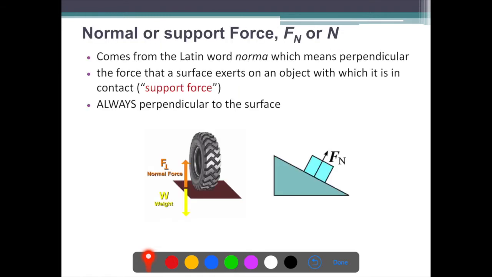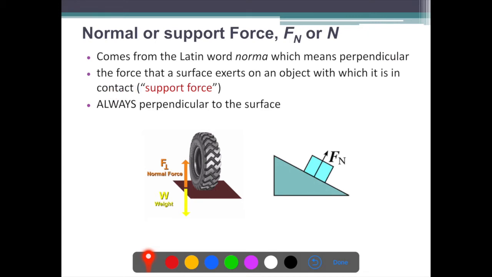Right? Okay, the second kind of force is the normal or support force, which we indicate by capital N or F subscript N. So normal comes from the word norma, which means perpendicular. And it's the force that a surface exerts on an object with which it is in contact.